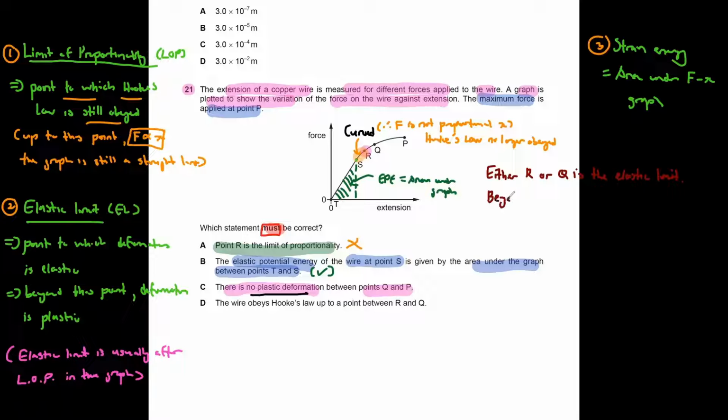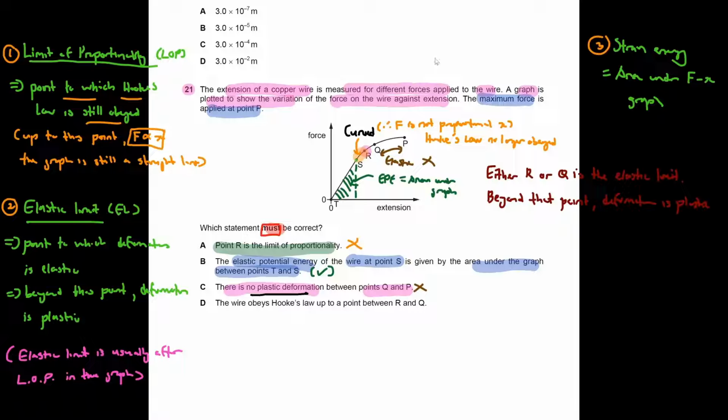Beyond that point, deformation is plastic. So them saying that between Q and P, deformation is elastic, this is actually wrong already because you definitely would have exceeded your elastic limit already. So C is out.